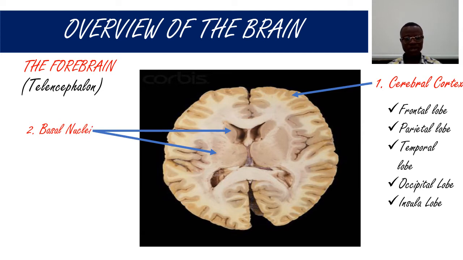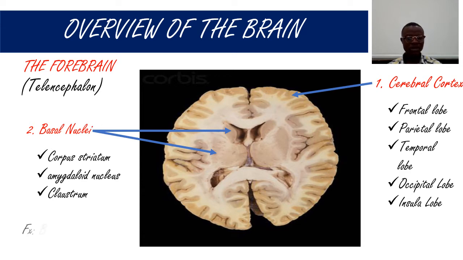The basal nuclei are divided into different groups, not primarily for functional reasons, but for better description. These are the corpus striatum, the amygdaloid nucleus, and the claustrum. These are the three groups of basal nuclei.